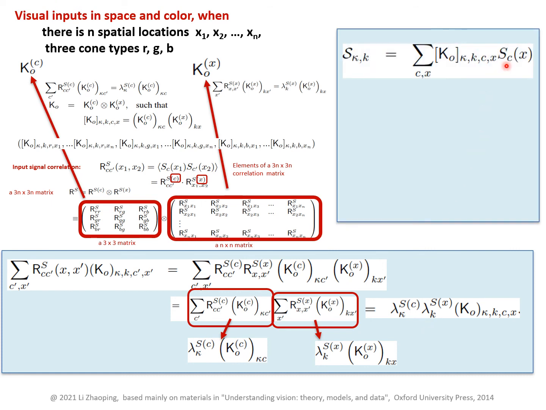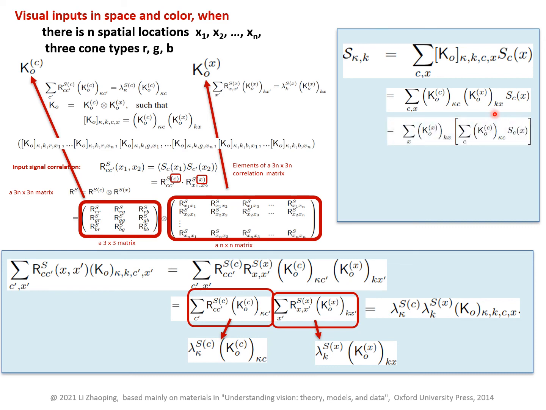We can now project our original input in color and space onto this eigenvector. This will give us the coefficient, which is the principal component for this eigenvector. If we write it out again, factoring into the row vector in color and space, and grouping the color term here, this is grouped in color, and this is the rotation in space, the Fourier transform.